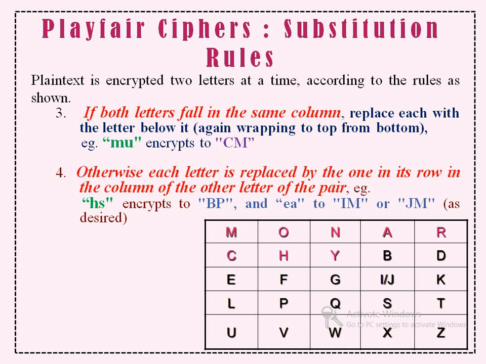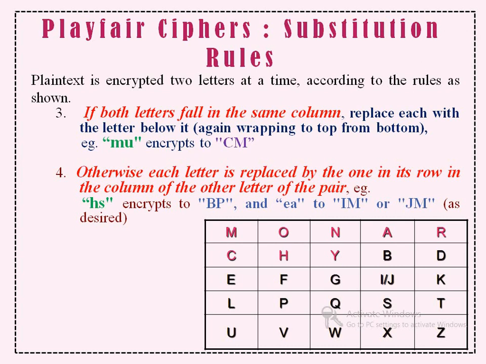Since H has appeared first, we go towards the right, and B is the element where it intersects with S. If you extend the S column, B is the element where both intersect. So we consider B as a replacement for the letter H, and for S we go to the left-hand side, and it indicates that P is the entry where it intersects. So for the digram H and S, we will substitute B.